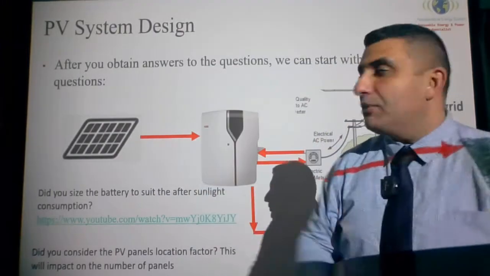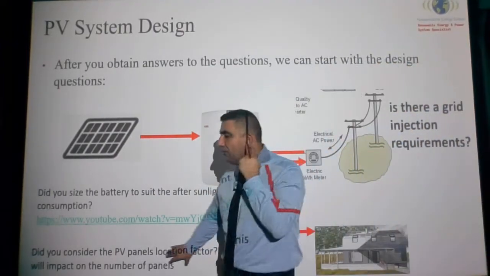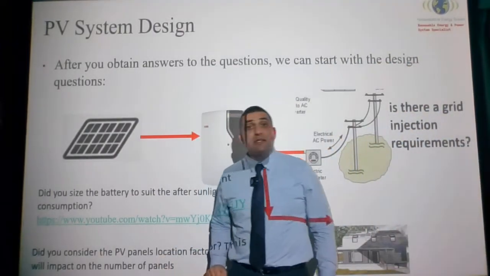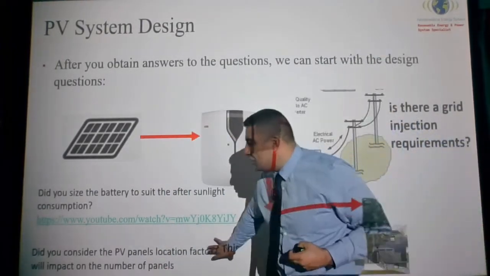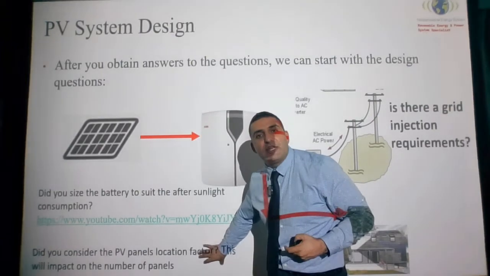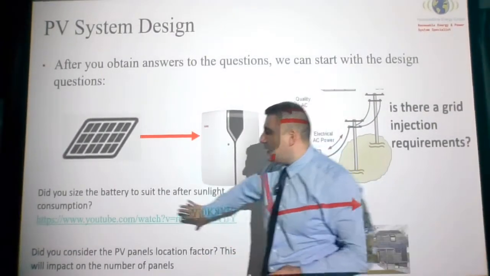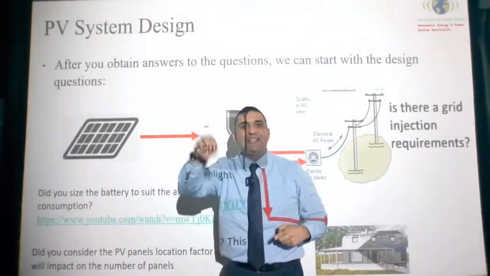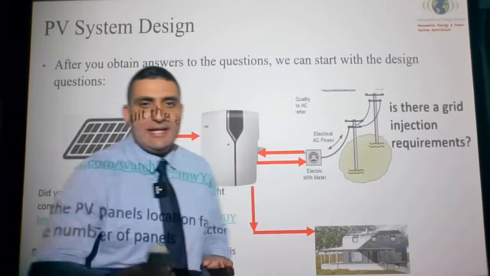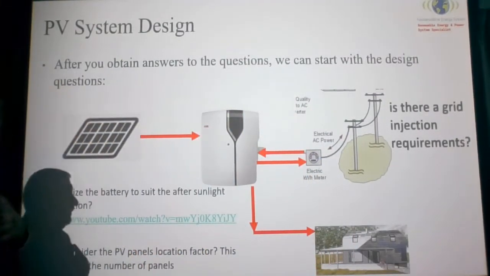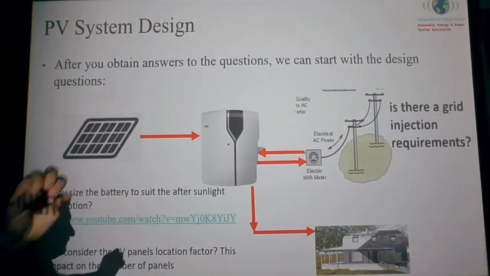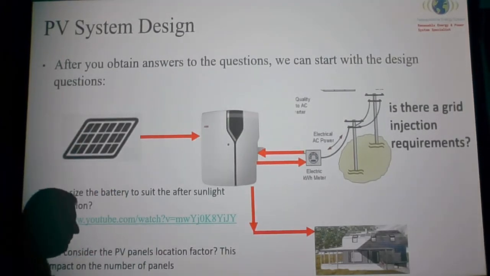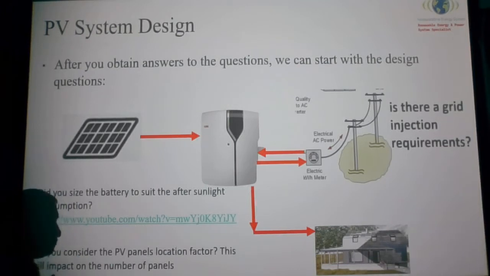Number two is, when I come to design my PV system, I must make sure that the energy generated by my PV solar system is capable of charging my battery plus supplying the daylight load. Example, if my battery capacity that I'm going to use every 24 hours is 20 kilowatt hour, I need to charge my battery with 20 kilowatt hour.